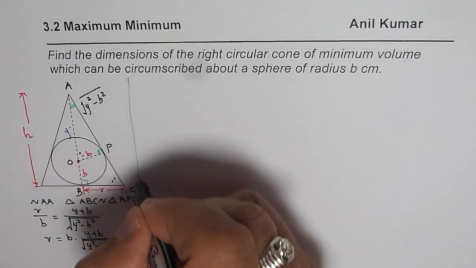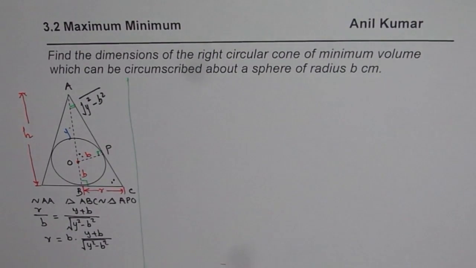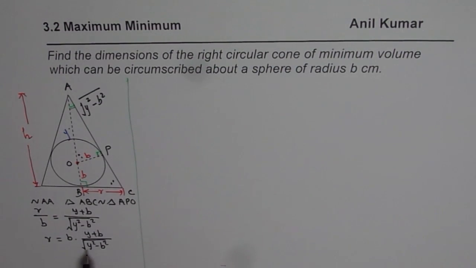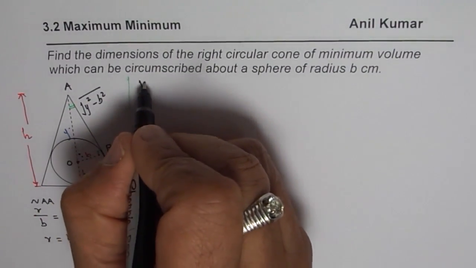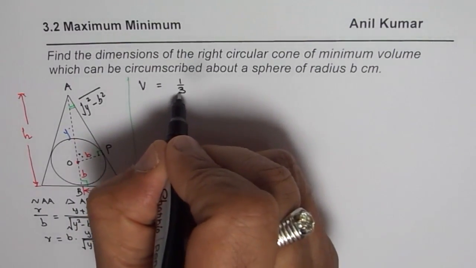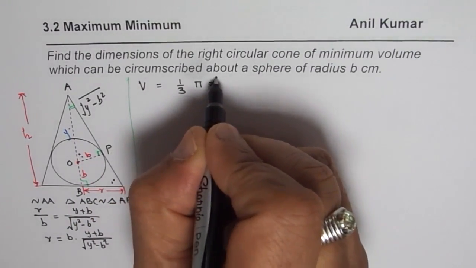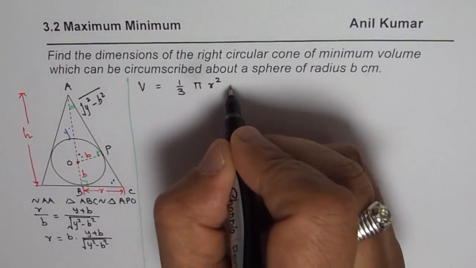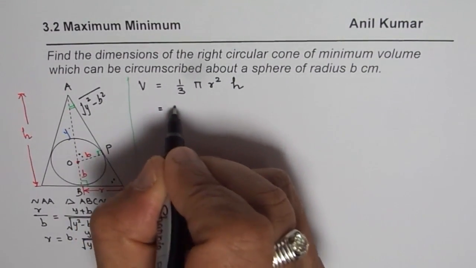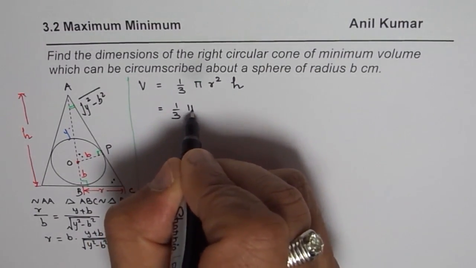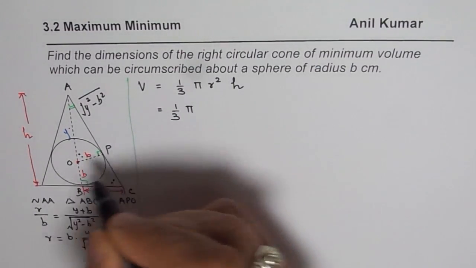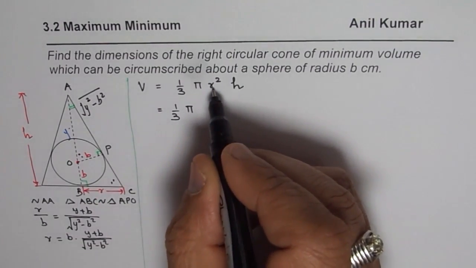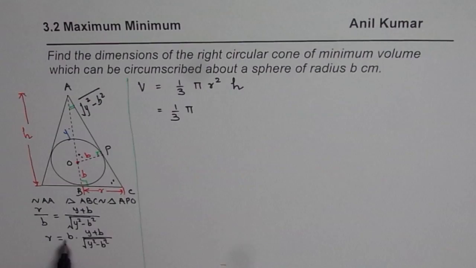So we will further explore the volume of the cone and then use this relation to find the maximum or minimum volume, correct? So the volume of the cone can be written as 1 by 3 pi r square times height h. Now from the diagram we can see that h is y plus b, and r square we already have, we can square this, right?